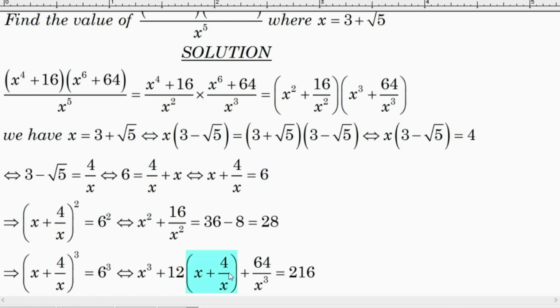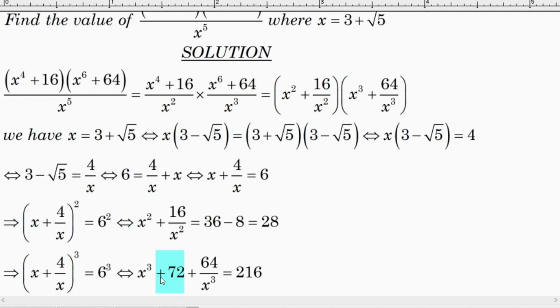Substitute in this equation. So that means 12 times 6. Okay. So 12 times 6, that will be equal to 72. Okay. So then now we have to move plus 72 to the right hand side of the equation. So when we move it to the right hand side of the equation, it change the sign.